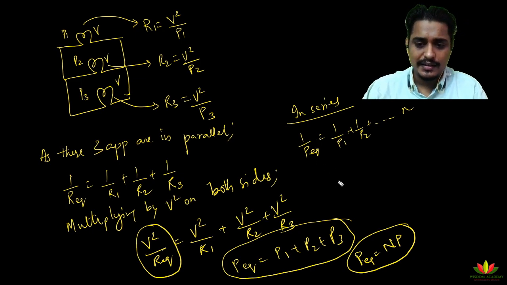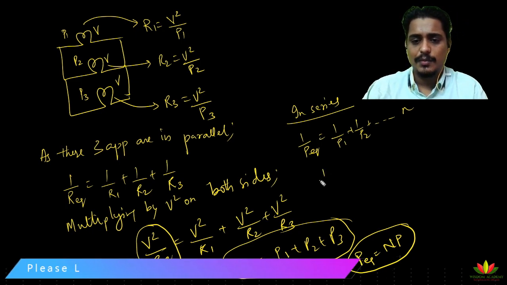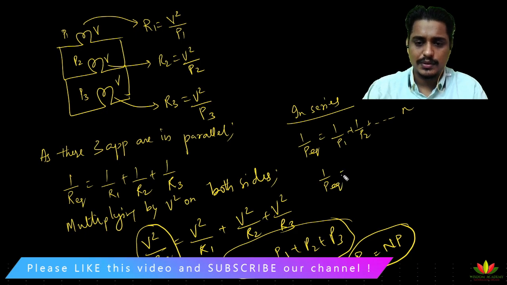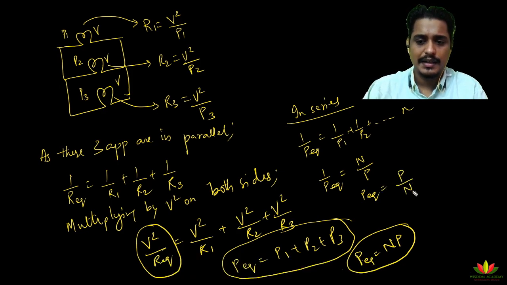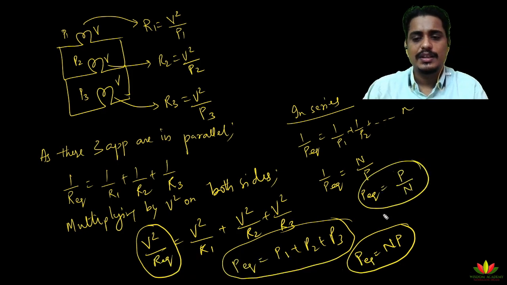So I can write 1 by P equivalent is equal to n times 1 by P, and P equivalent will become equal to P by n. This is how the power varies for a series combination and a parallel combination.